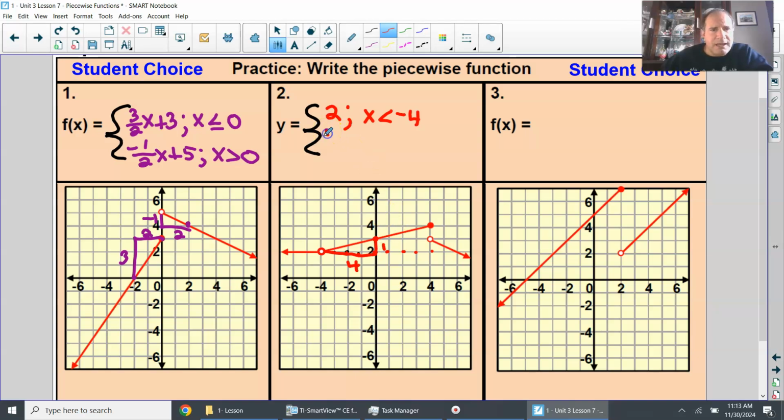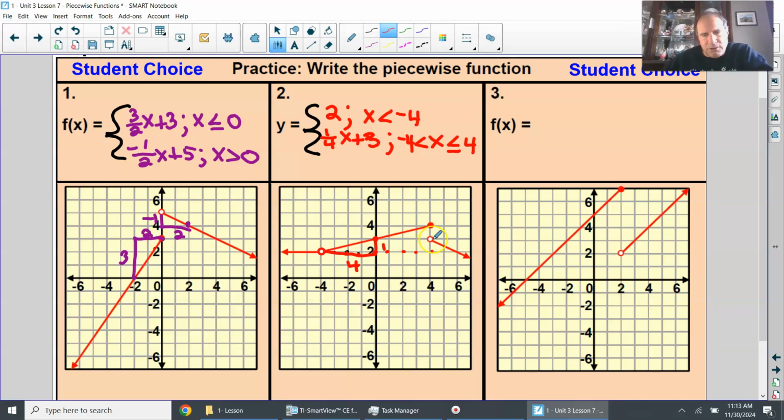So 1/4 x. And the y-intercept is 3. And then semicolon. It starts at negative 4. So this is a compound inequality. I'm going to leave some room here. That is greater than negative 4, and less than or equal to 4, because there's a closed circle on 4.